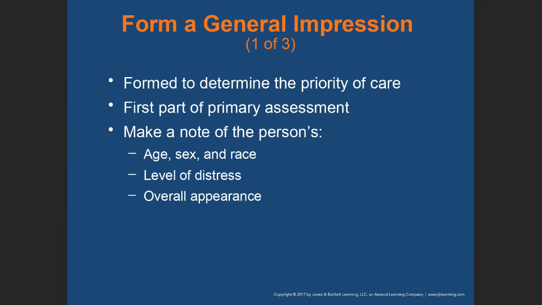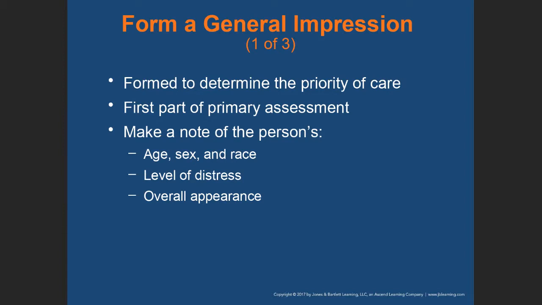What does that entail? You need to answer two questions when you're forming a general impression. The two questions are, does this patient look sick or injured? Does this patient look sick or injured?